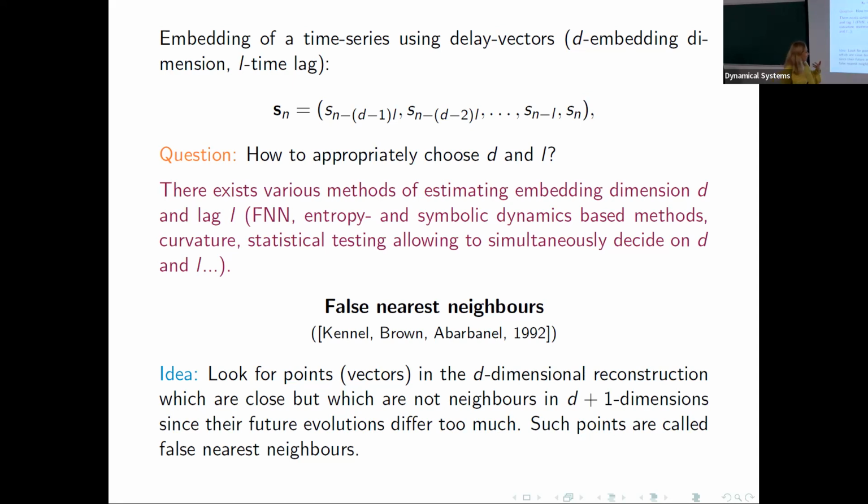And if the number of them is large, then you increase your dimension by 1, and you again compute some statistic that is called the number of false nearest neighbors. And if it drops significantly, it means that your previous embedding dimension was not enough. So you need to consider at least, let's say, d+1, then you check it for d+2, and so on.